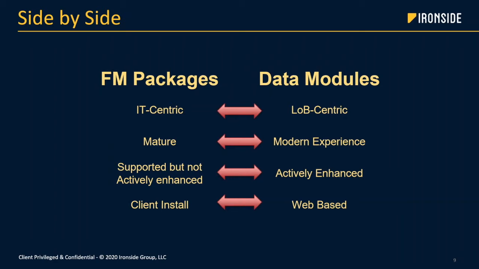FM is supported, but it's not being actively enhanced by IBM, so they're putting all of their efforts into enhancing data modules and making it robust. And if you follow it over the last 2 or 3 releases, you can see that the capabilities have increased, and it's a cleaner tool.